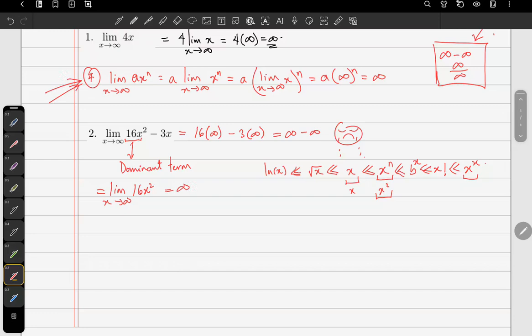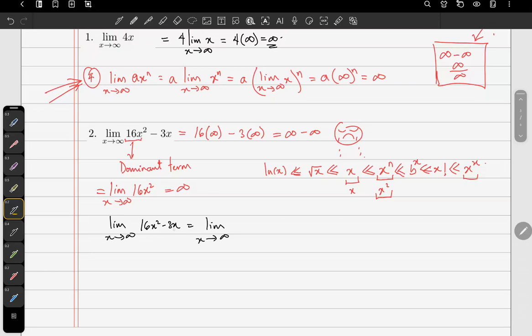However, if we want to be technical about it and not talk about dominant term, the common trick that we use for questions like this, limit as x goes to infinity of 16x squared minus 3x, is to factor out what we perceive as the dominant power of x. So this is going to be the limit as x goes to infinity.